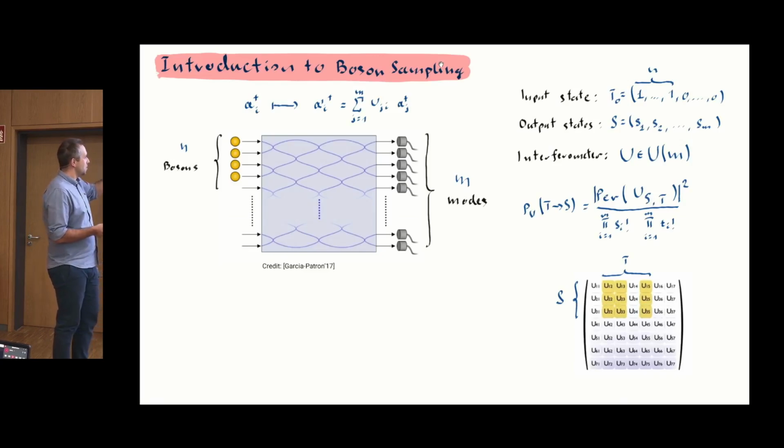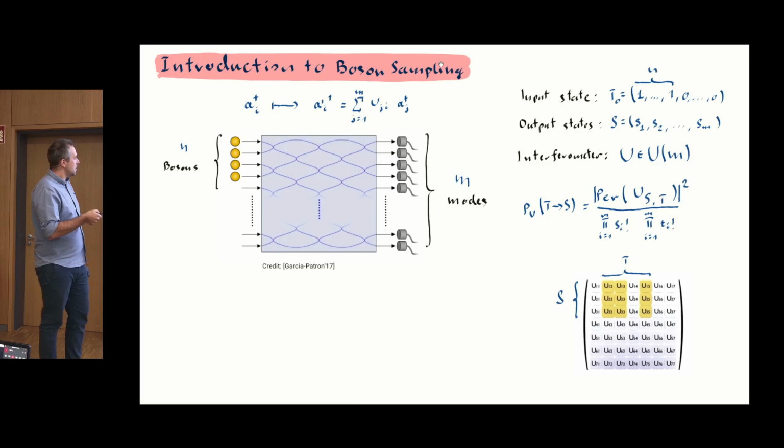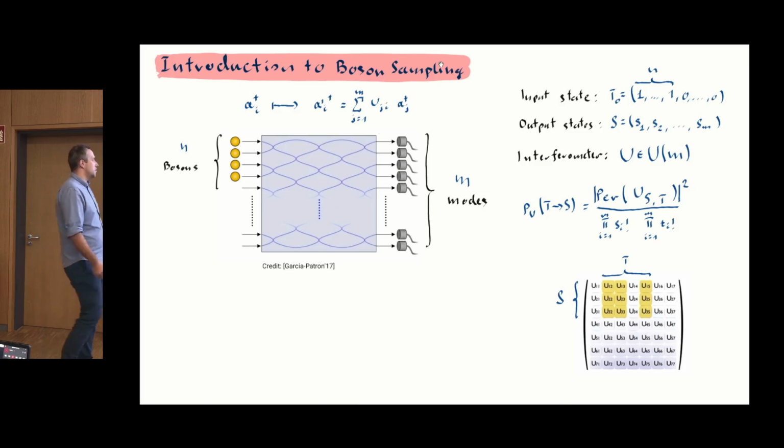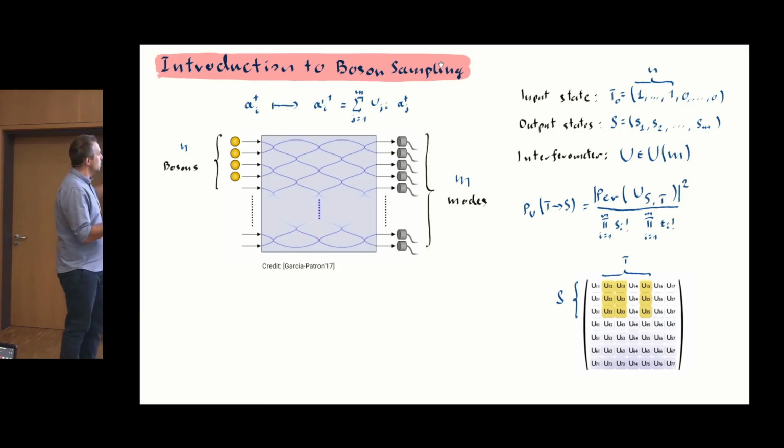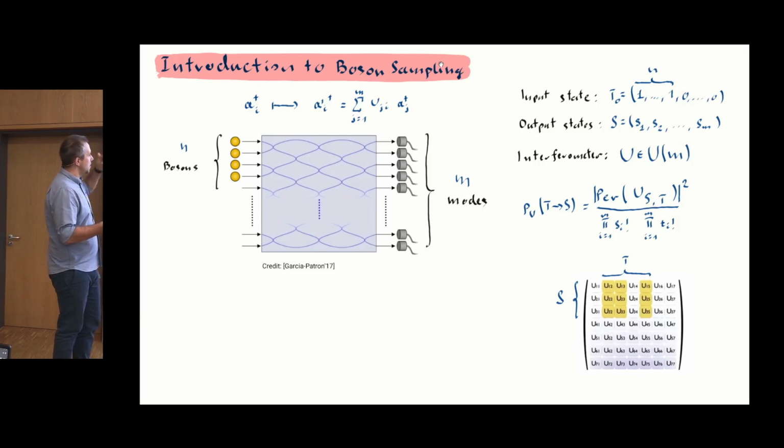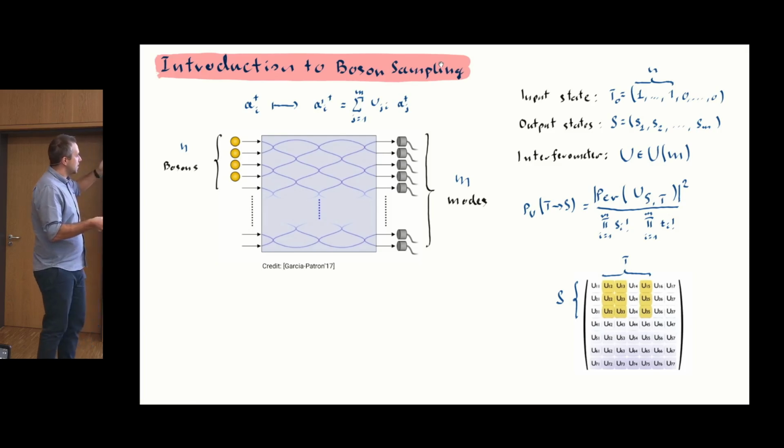We have all heard that the hardness of boson sampling comes from the fact that output probabilities in this scheme are related to permanents of matrices that you get as follows. With output pattern S, you take the input T, so you take T columns of this matrix.